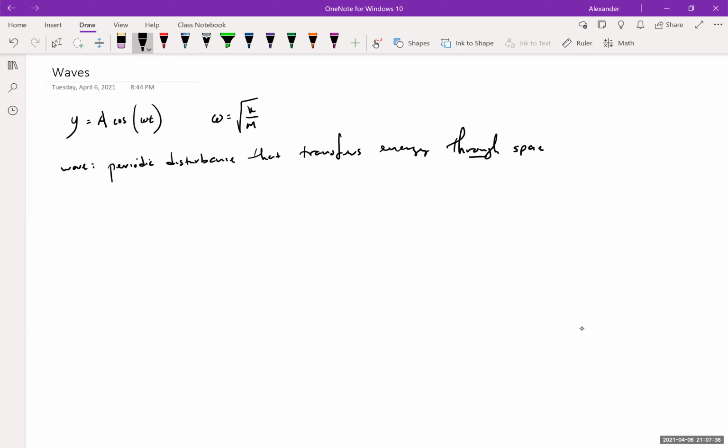Now, how many kinds of waves are there? You might have encountered this when you were doing 231 in the first place. Different professors treat waves at different times.